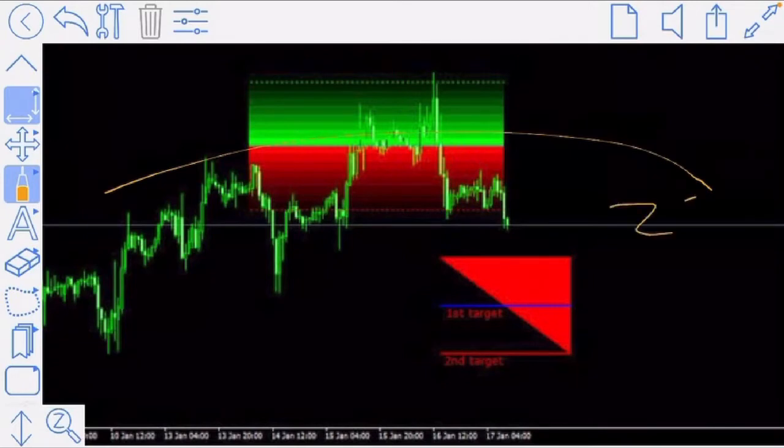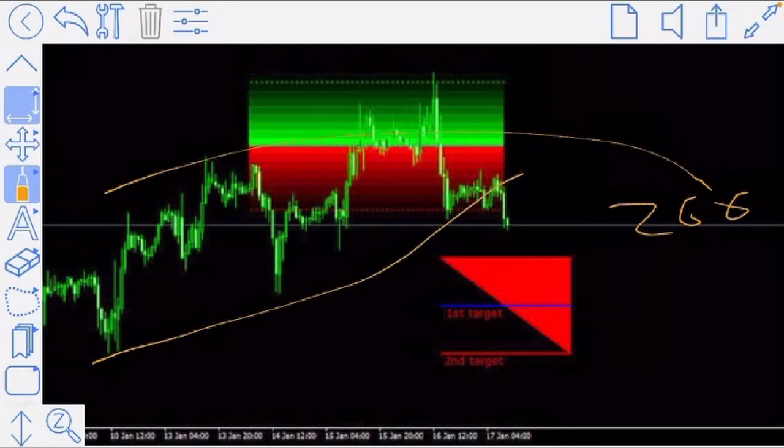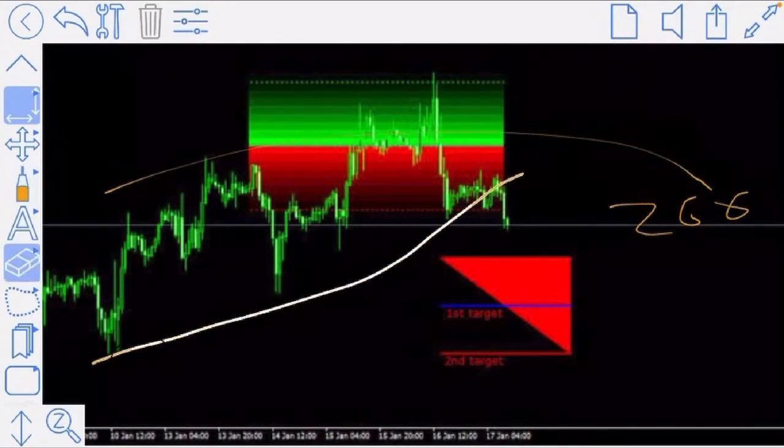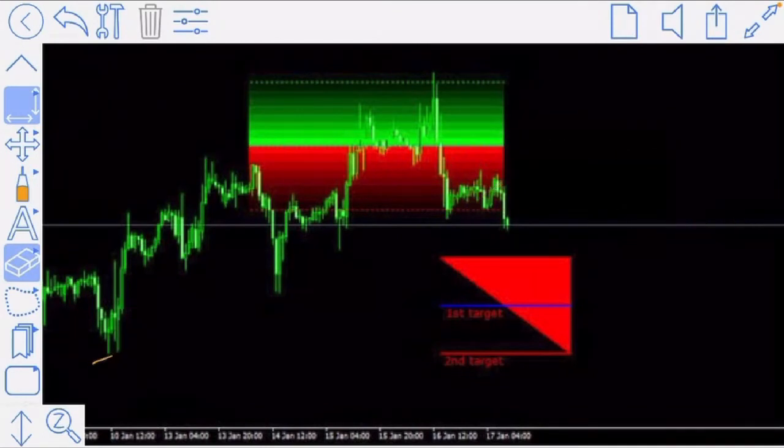Then you will only take the trade if the signal there is below the 200. Or maybe you add price action as confluence. Let me draw something. I'm not good with drawing per se, but you may get the picture.